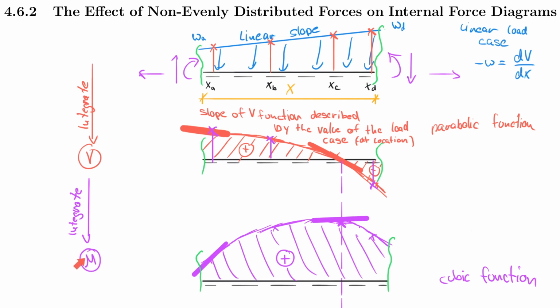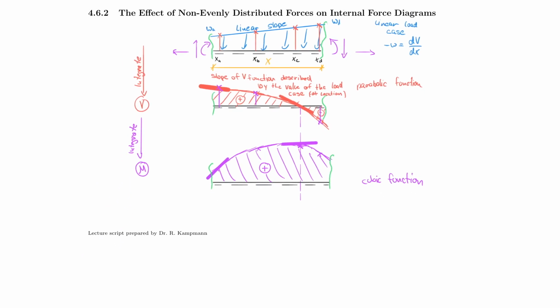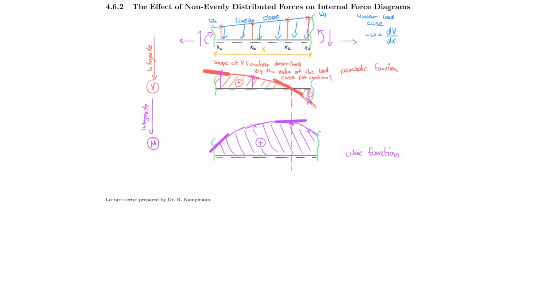So you can further integrate and find, for example, the slope that this smiling beam will produce and the deflection. Let me visualize that for you, and let me make explicitly clear that this is actually not part of the lecture, which is why I'm going to put it below the page here.